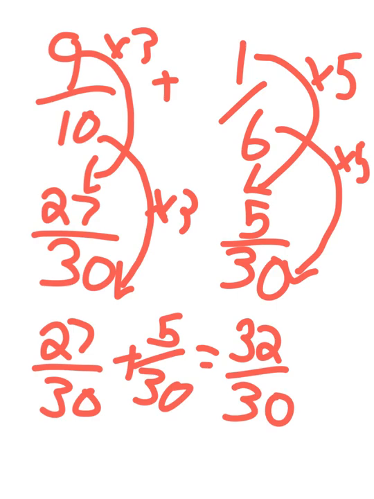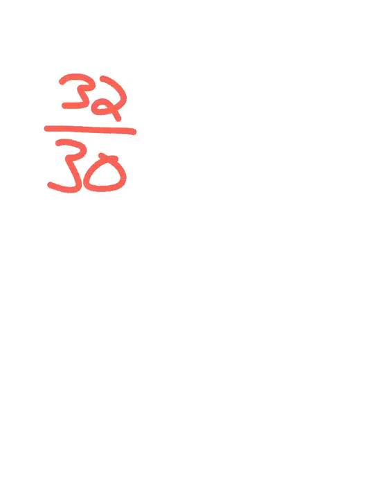Now, I'm going to go onto a fresh page and show you how we can make that smaller into a simplified version of itself. All right, here's our 32 over 30. And what we're going to do here, already looking at it, you could do, let's say, factor trees, right?